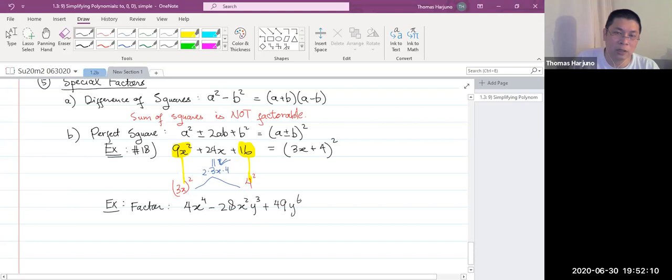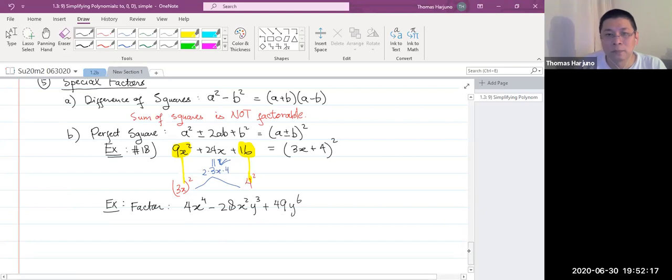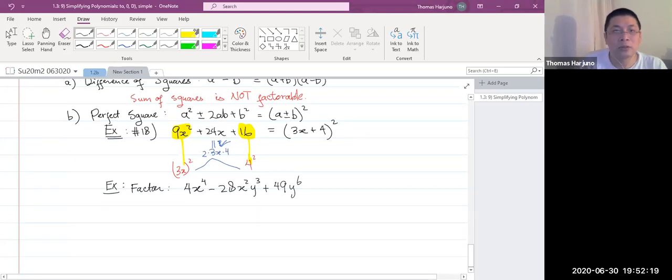Now you may say, what the heck, Thomas? And let's see, you see that the first term here is a squared expression whose base is 2x squared. Right? And then the last term here is also a squared expression whose base is 7y cubed.